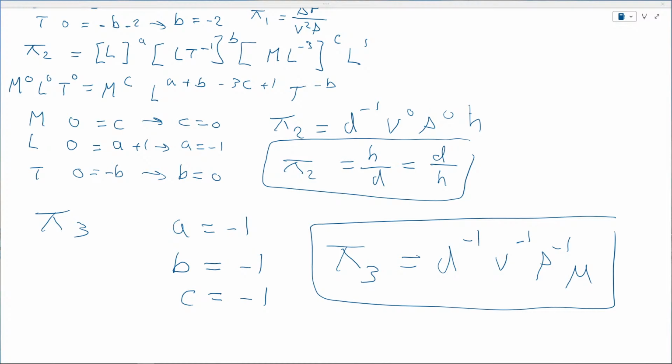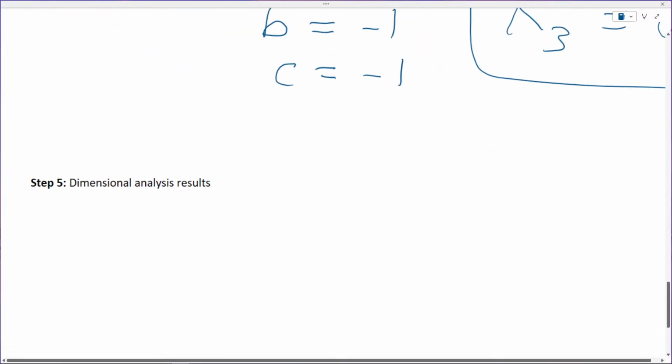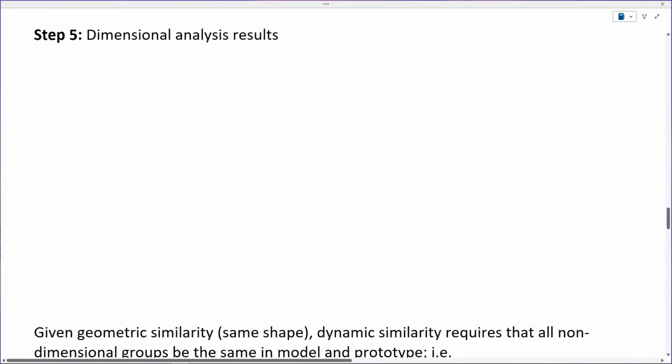So what is the next step? Do we have a next step? Oh, we have a next step here. The next step is that we write the dimensional analysis result.